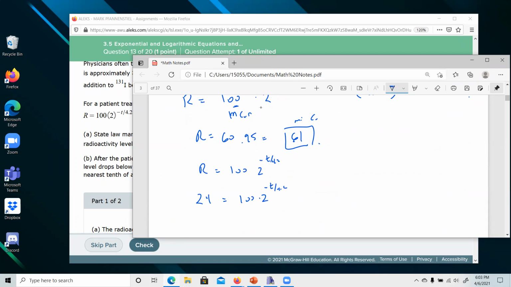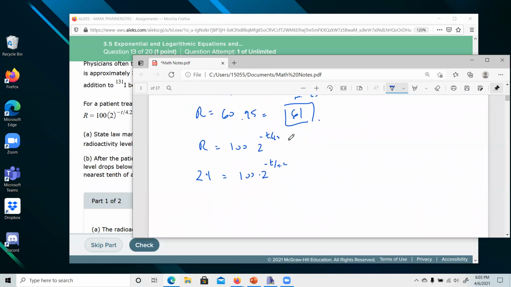Let's clean this up a bit. Instead, we're going to have 0.24 is equal to 2 to the negative t over 4.2. There's nothing in front of it, no pluses. We've got a clean exponential function here.